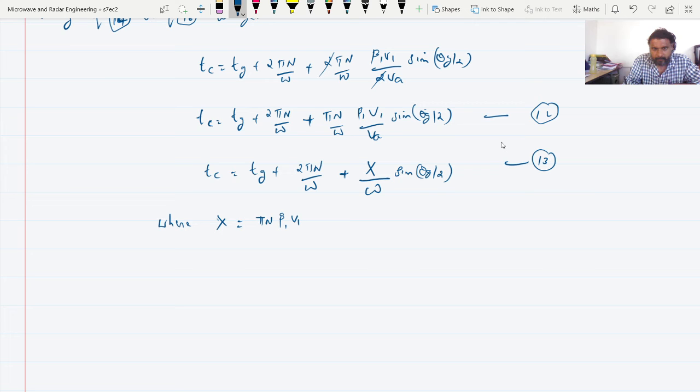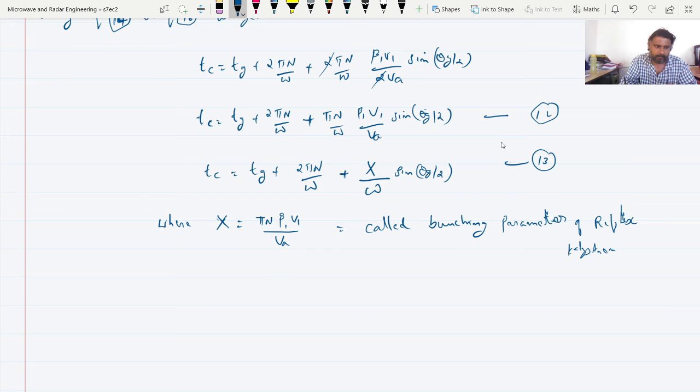Okay, so this equation I call as 13. No need for the other label because we have expanded that one. So I will call this equation 12 and this equation 13.